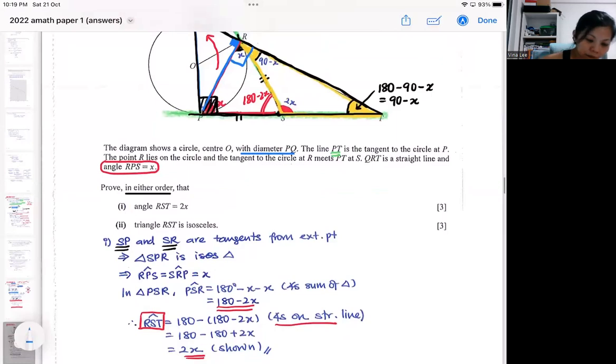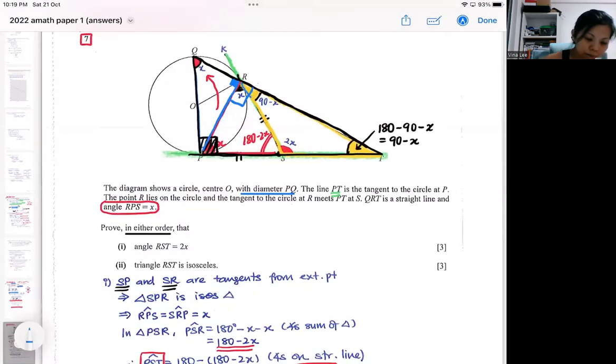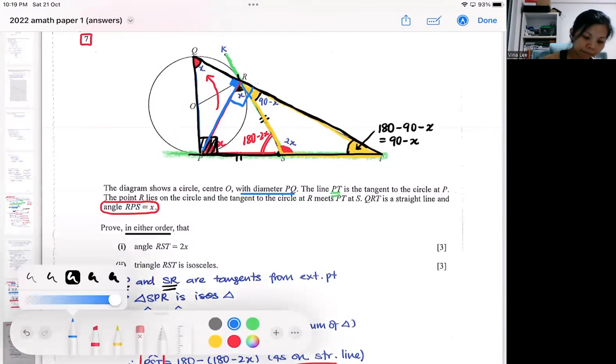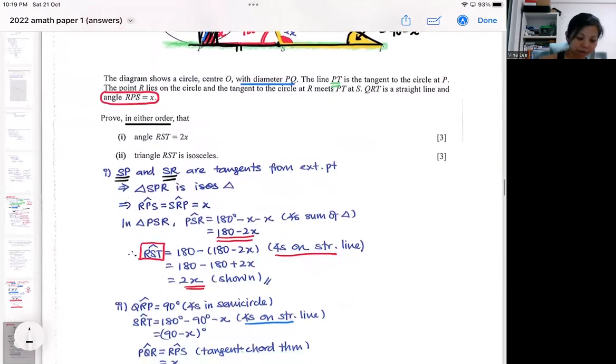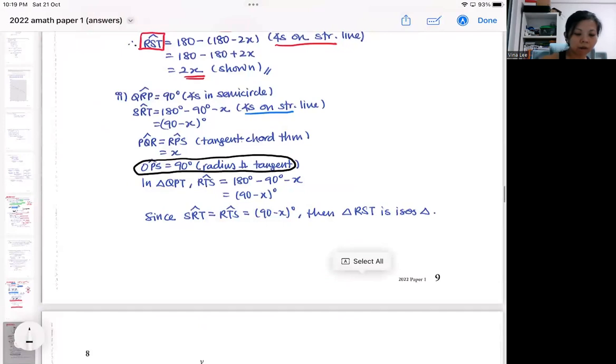And subsequently, I can still find out this angle by doing 90 minus x, because the x was already accounted for in the first part of this question. So separately, these two angles are 90 minus x. And that's why RST is an isosceles triangle.